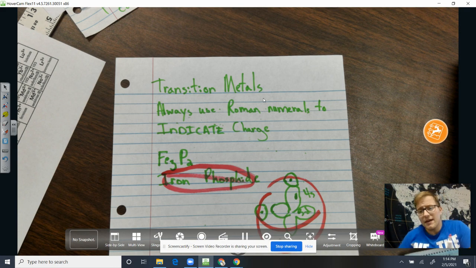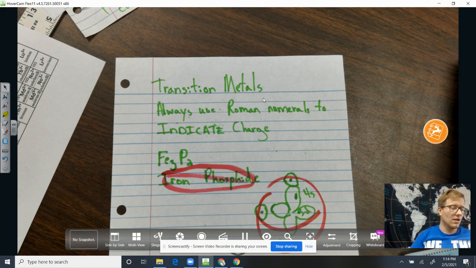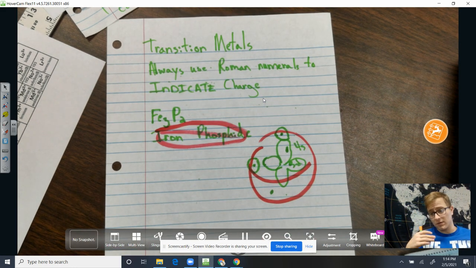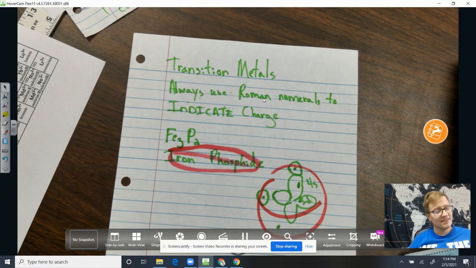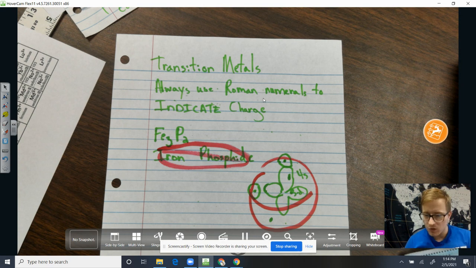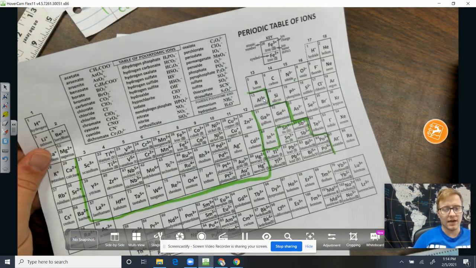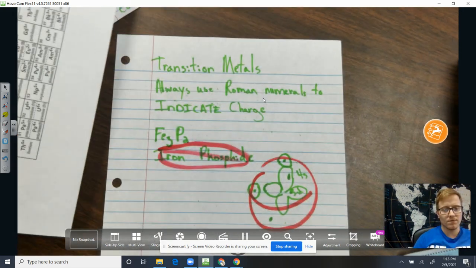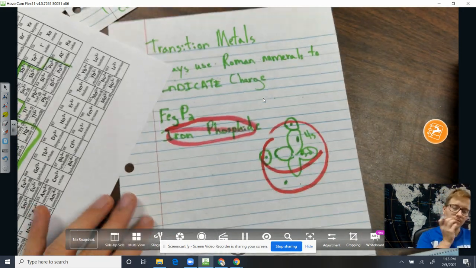It's hard for that other atom to pull away because sometimes it's inside that energy level. It's not as reactive. So that's why our transition metals aren't always as active. So let's actually go back to naming them. That was just a side thought. I like understanding visually why things work. I think it's important. So here we have Fe3P2.